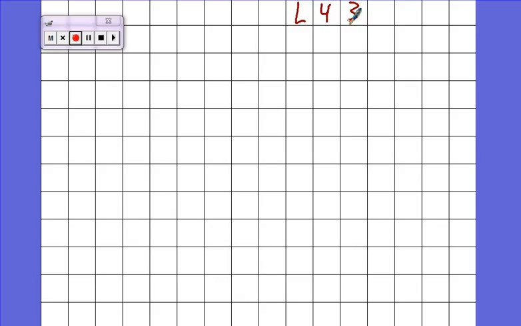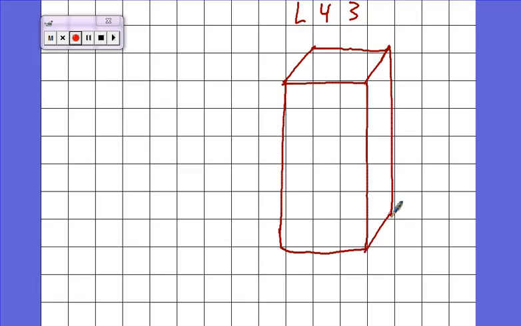So for example, if I needed to find the surface area, oh, that did not draw straight at all. If I wanted to find the surface area of this shape, which I am attempting to draw right now, I could. Let's give you some basic measurements so we can figure this out.